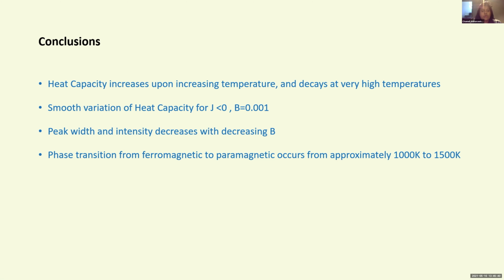There was a smooth variation of heat capacity for the external magnetic field of 0.001 with negative spin coupling, and the peak width and intensity decreased with decreasing B. And also we could see that the phase transition from ferromagnetic to paramagnetic occurred around 1000 to 1500 Kelvin.